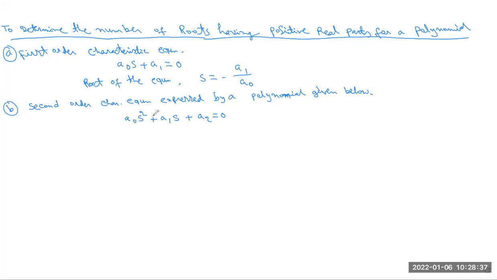And why is it called second order? Because you can see the highest power of s is 2. So that's why this is called the second order characteristic equation. And when we consider a polynomial equation, the number of roots is 2.